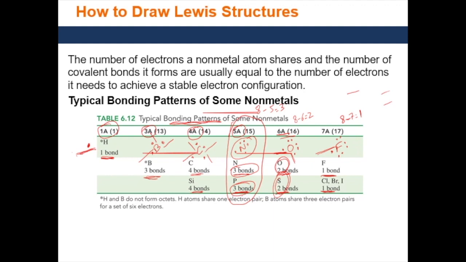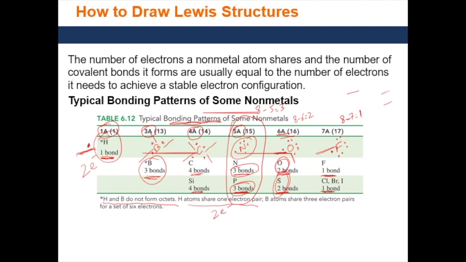The exception here is, remember, hydrogen. When we talk about completing the octet, hydrogen is an exception. Hydrogen is not looking to have 8 electrons. It is only happy with 2 electrons in its outermost orbit. Same thing with boron. Both hydrogen and boron do not form an octet. Hydrogen atoms share 1 electron pair and are happy with 2 electrons.